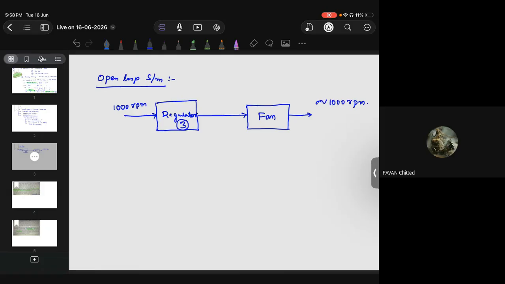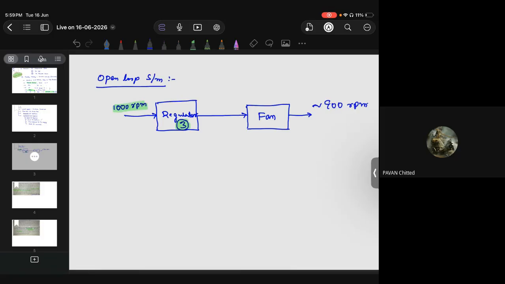If it runs at 900 rpm, we cannot do anything. This is due to bearing or motor issues inside the fan. We change the regulator, and the fan will act accordingly. Whatever speed we get, we cannot do anything with that.